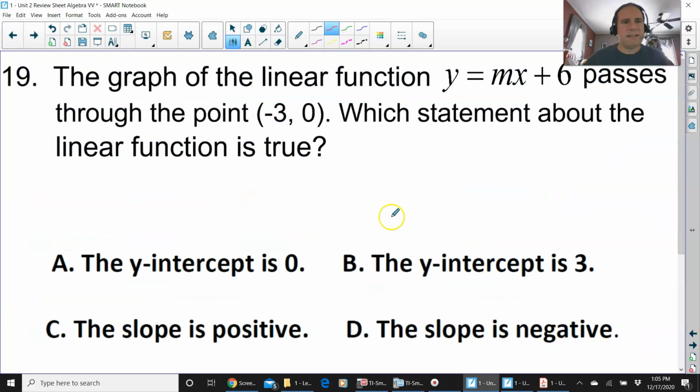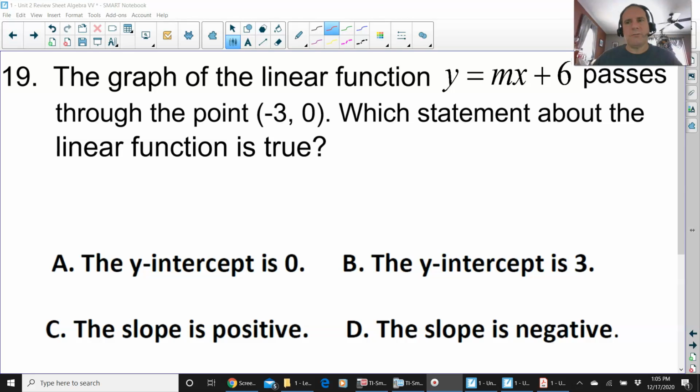All right, number 19, the graph of the linear function y equals mx plus 6 passes through the point (-3, 0). Which statement about the function is true? So they give you the equation here, and then they give you 1 point. The y-intercept is 0.